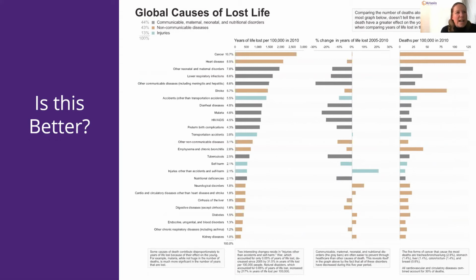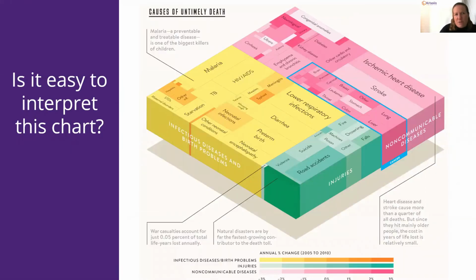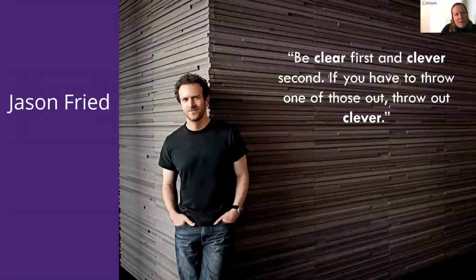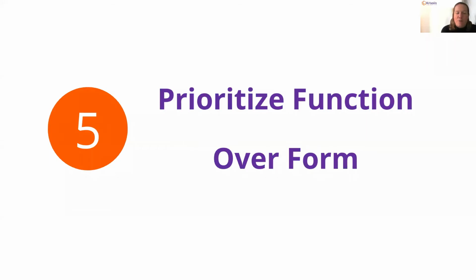So we can ascertain the information much more quickly from this visualization than we can from this. So my top tip here is a great quote from John Fried: be clear first and clever second. And if you should throw one of these out, throw out clever. Always think about prioritizing function over form.